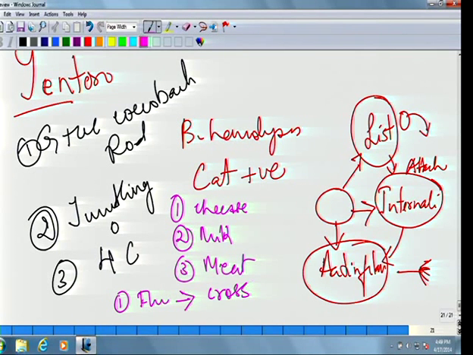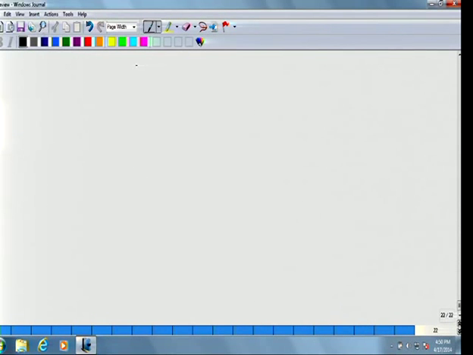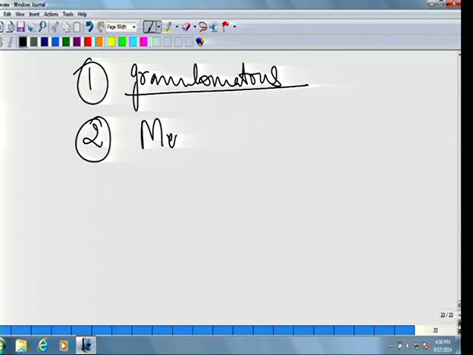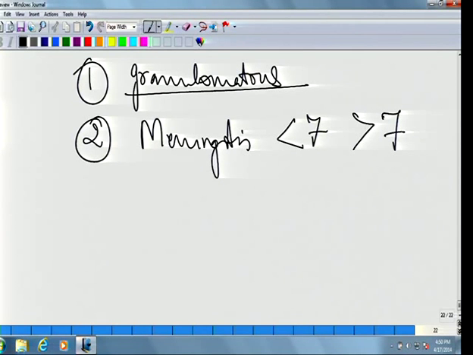And what is the disease? Granulomatous infection. Okay, so in a newborn, when it crosses the placenta, it gives rise to a granulomatous infection. Then it can also give rise to meningitis, which is seen either less than 1 week or beyond 1 week. Okay, so granulomatosis infantiseptica, a granulomatous infection in a newborn, is highly suggestive of Listeria.